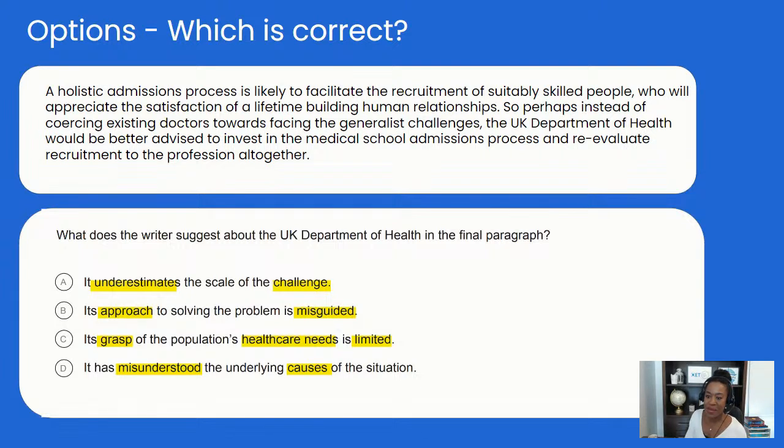You should take your time with this. This is part of the test that does take careful reading. So if we're going a little bit fast today, please feel free to come back to this video and you can pause at the appropriate points and try again if you wish. Okay, so let's see what your thoughts are here.